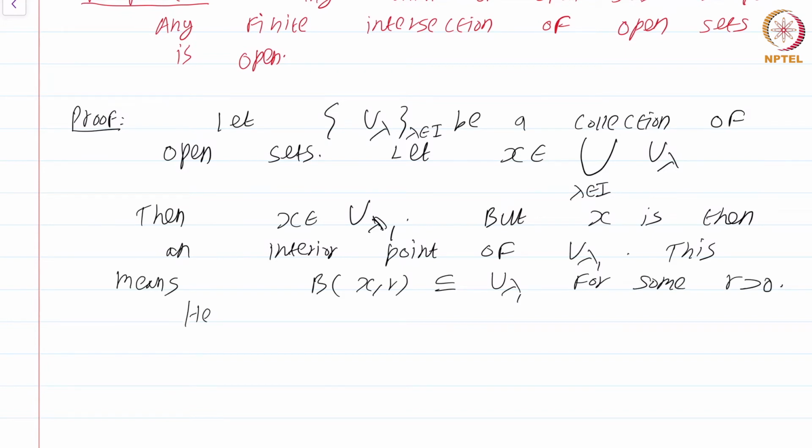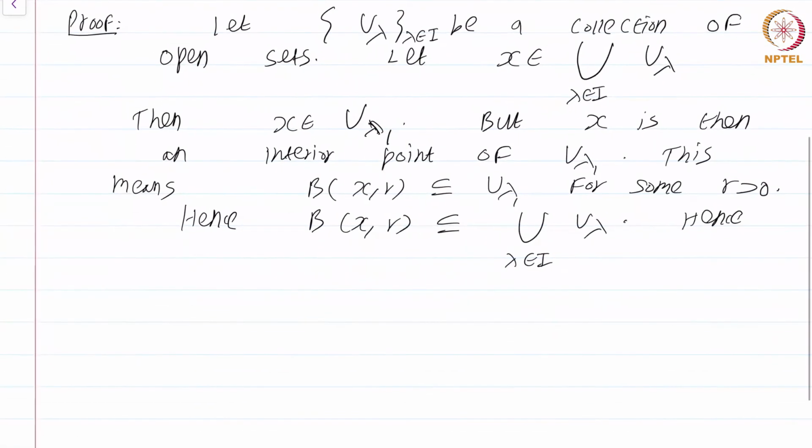Hence, B(X, r) is a subset of the union of u lambda as lambda runs through I. Hence X is an interior point of the union.